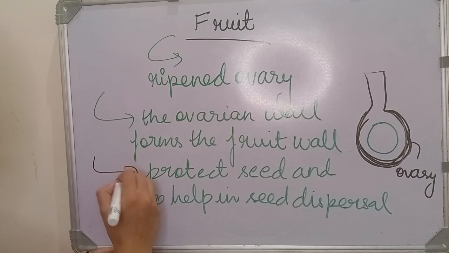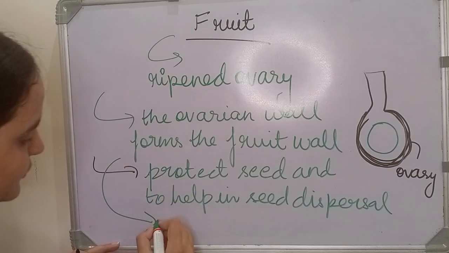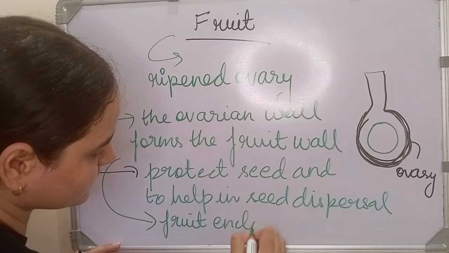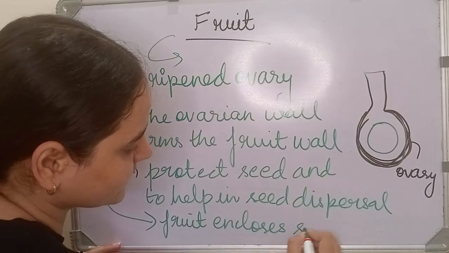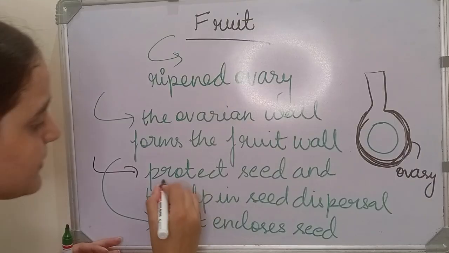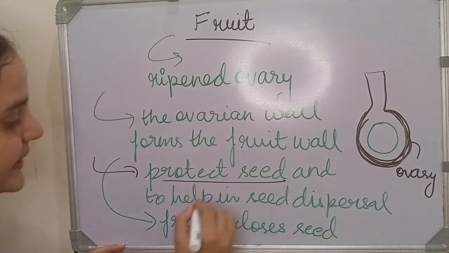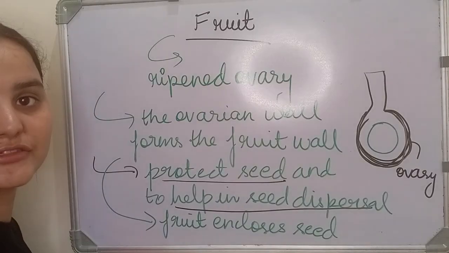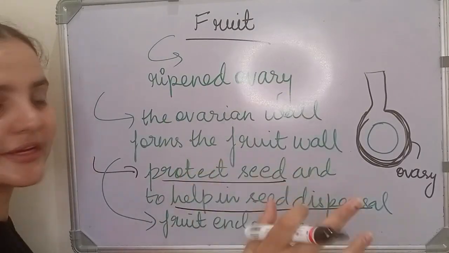So first let's write this point here. The fruit encloses seed, and because of that it protects the seed and it helps in seed dispersal, means movement of the seed from one place to another. It is very easy to carry the seed.